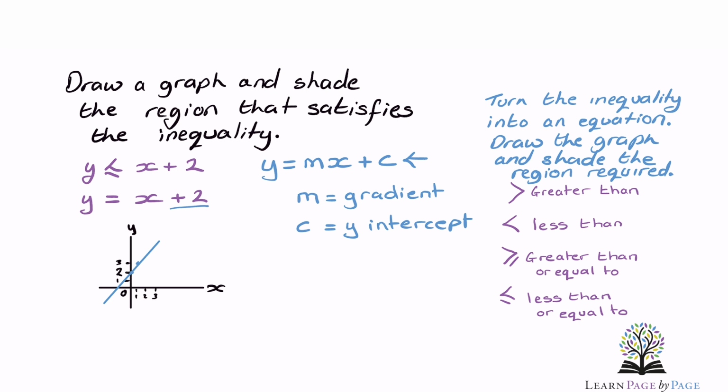And then because our inequality sign is a less than or equals to, that means the region we need to shade is this area here. What we have shown by drawing a solid line, and that's what you draw when you have an inequality sign that is equals, we are saying that y is less than or equal to x plus 2 when it's below this line here.